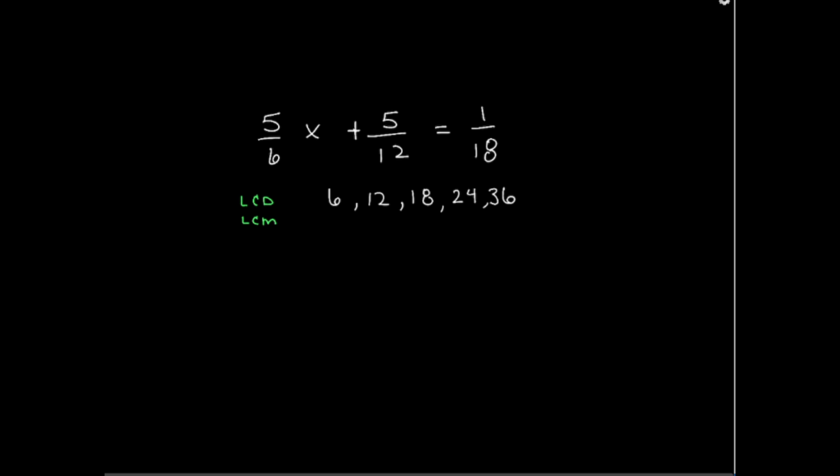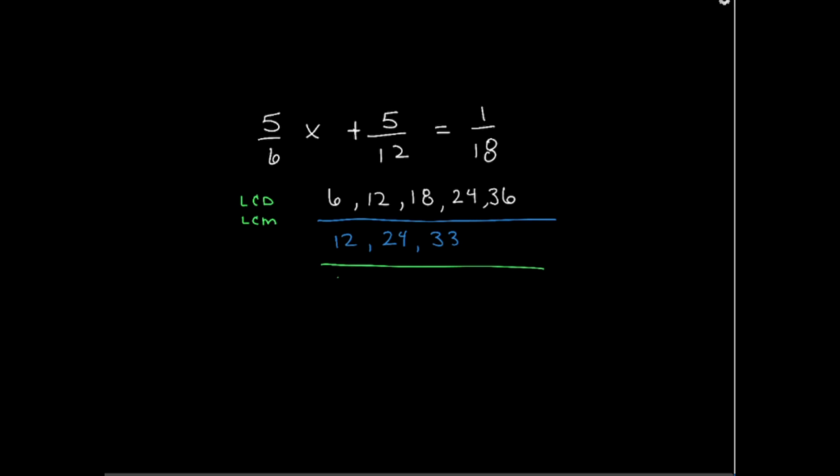If I now look at my common multiples of 12, 12 times 1 is 12. 12 times 2 is 24. And 12 times 3 is equal to 36. And I stopped at 36 here because I knew what was kind of happening. But we're going to do it one more time.